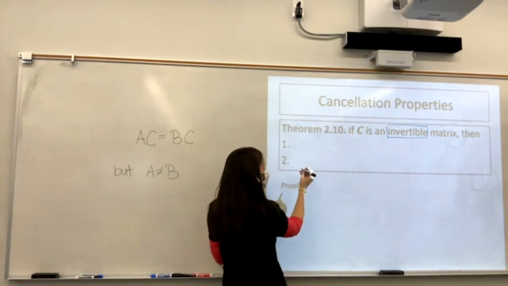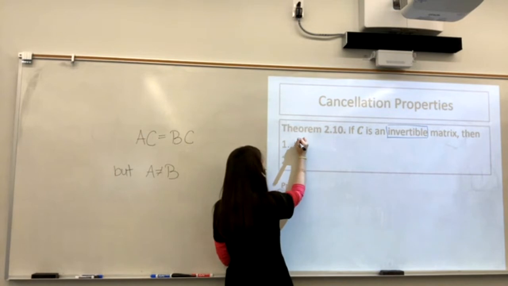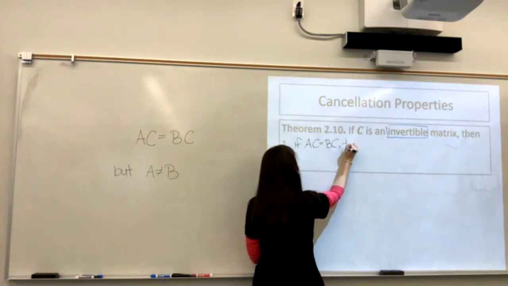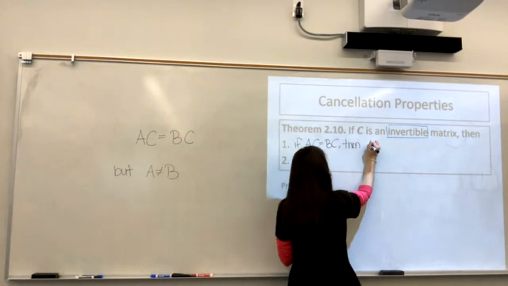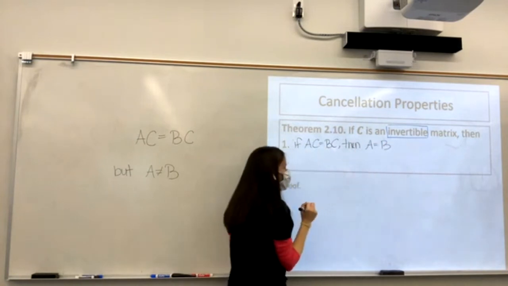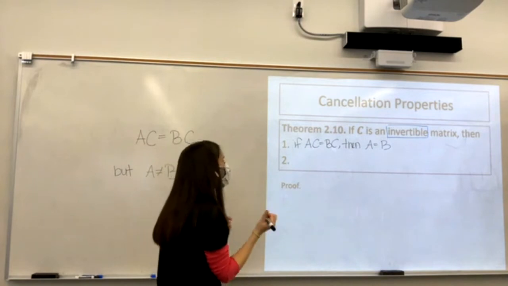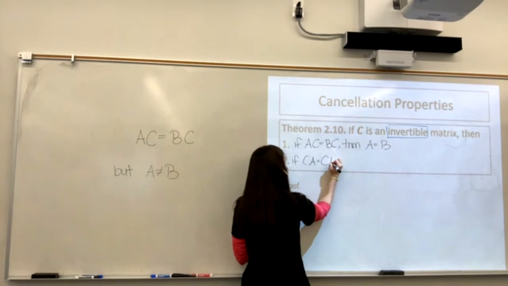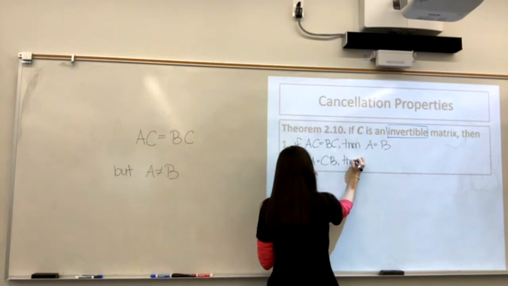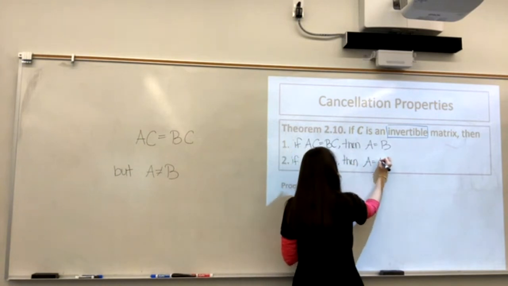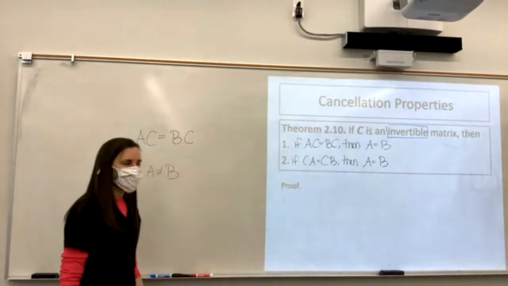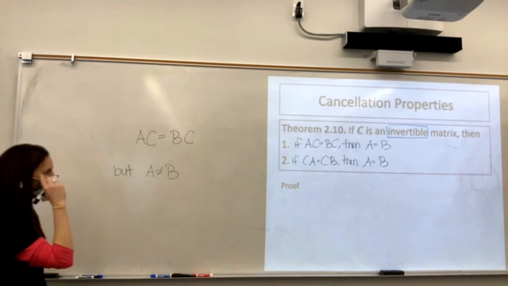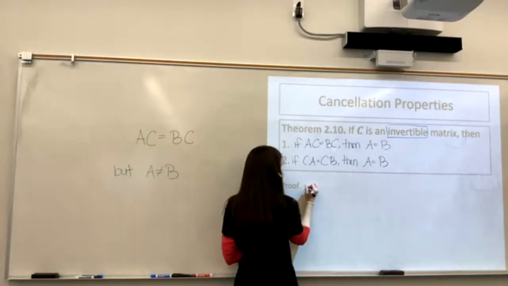If C is an invertible matrix and AC equals BC, then I do know that A has to equal B. And the same is true in the other direction. If CA equals CB, and C is invertible, then A has to equal B. All right, we'll prove the first one because the second one is the exact same idea.